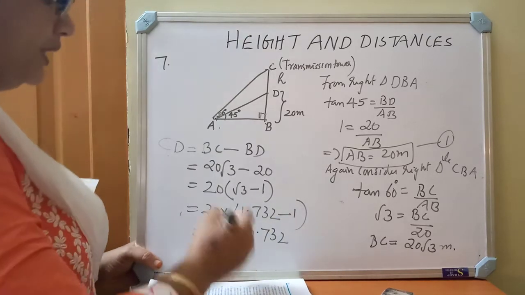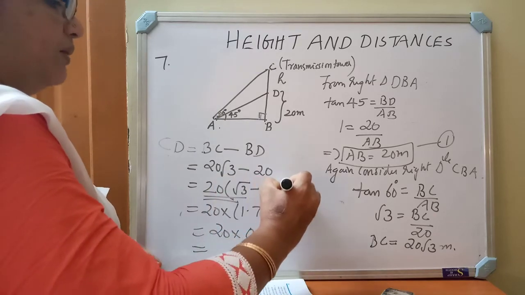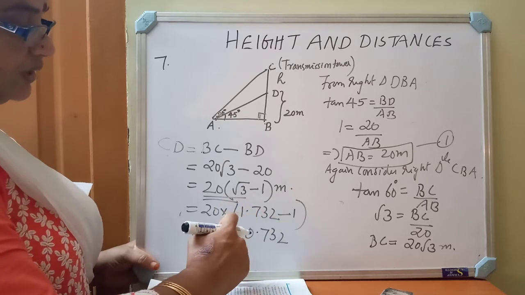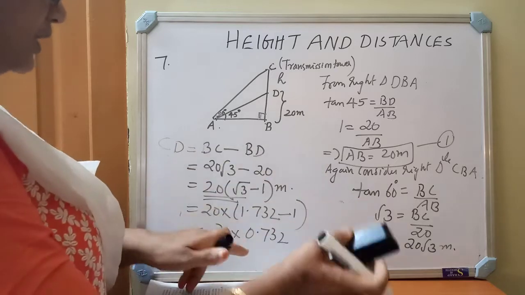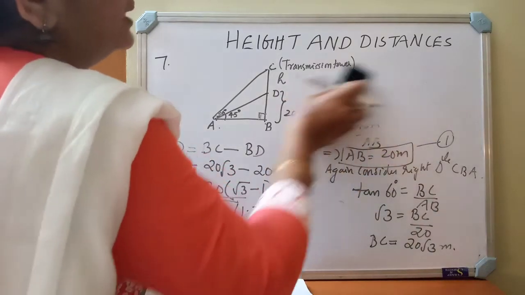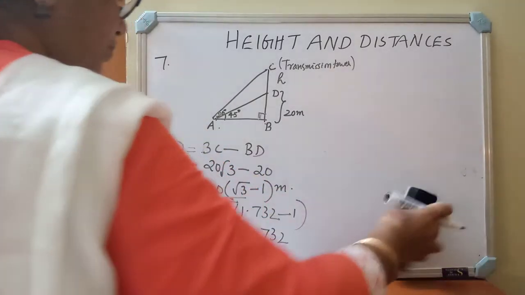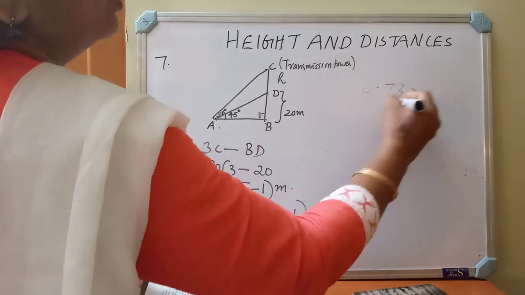All of you multiply. Otherwise, you can stop it here: 20 into root 3 minus 1 meter. So, 20 into 1.732 minus 1, 20 into 0.732. If you want the final answer in full in the correct format, you have to substitute the value of 0.732 into 20.